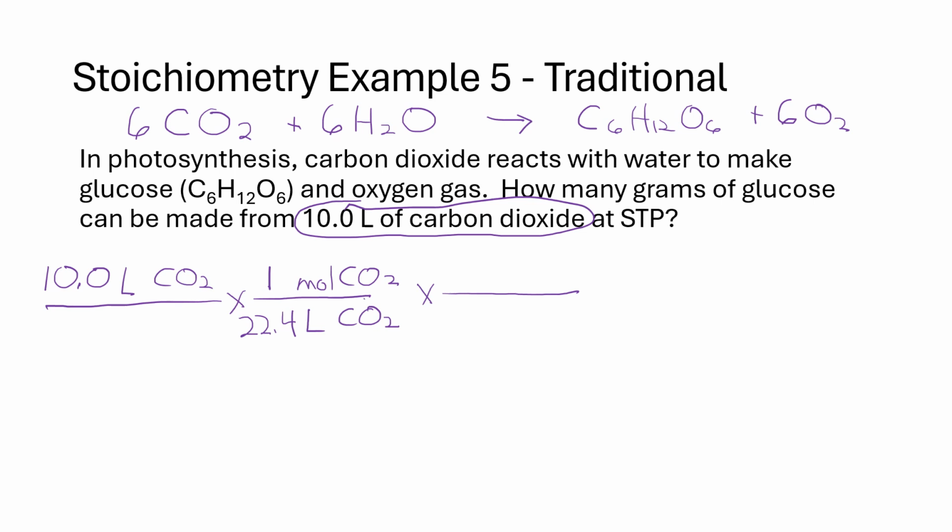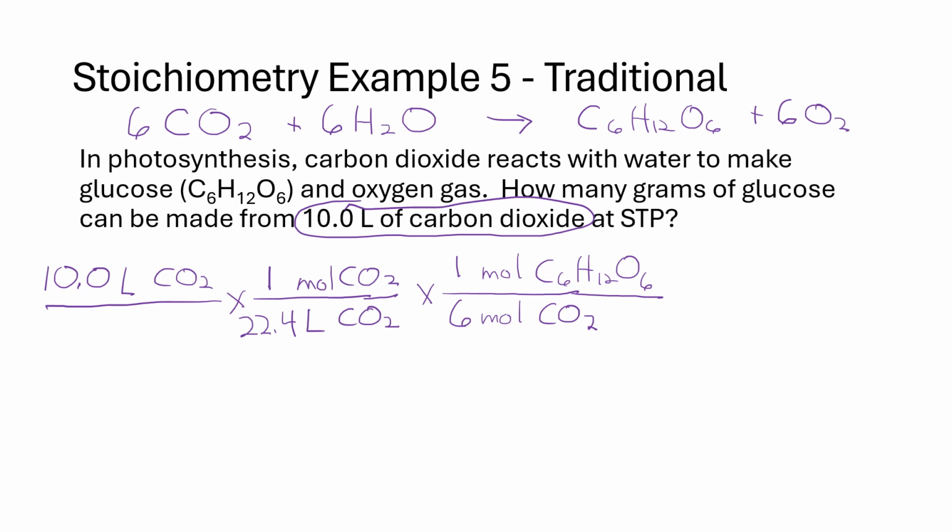Now that we have moles of CO2, we're going to rely on the coefficients from the balanced equation. For every 6 moles of CO2, we're going to have 1 mole of glucose. So we've now successfully converted from 10 liters of CO2 to moles of glucose.